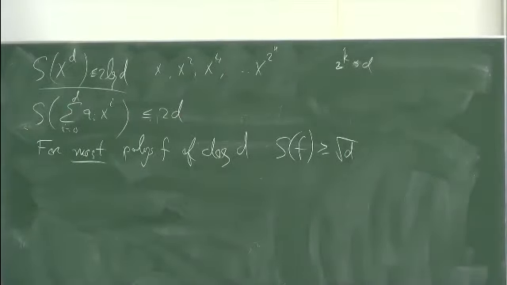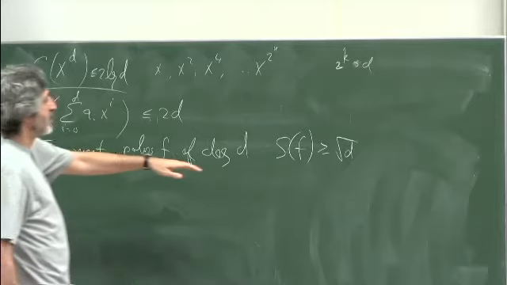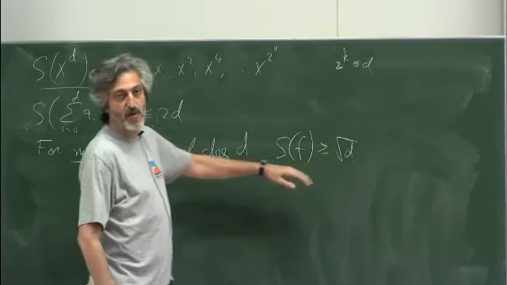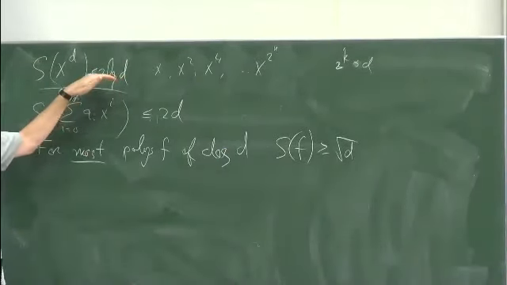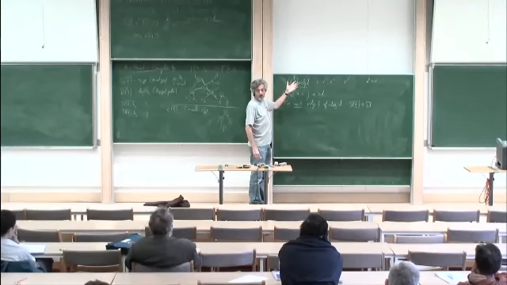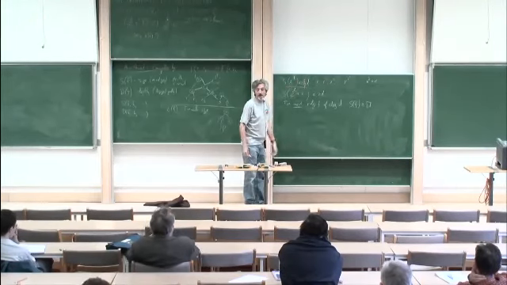In fact, you can get something better, but anyway, there is an exponential gap between what most polynomials want and what very special polynomials want. So the question is, which are the easy polynomials? This is certainly easy. What are other easy polynomials?